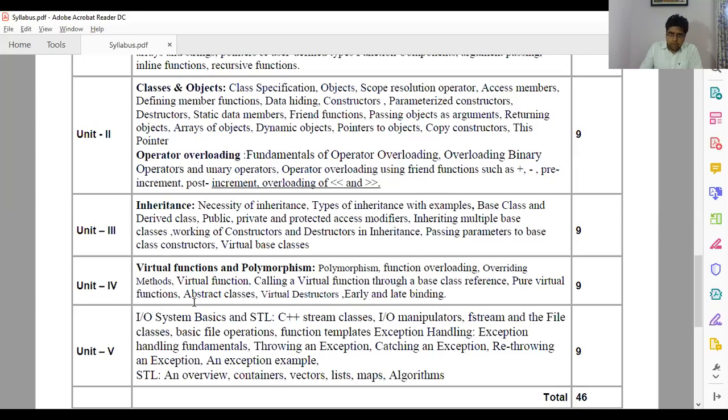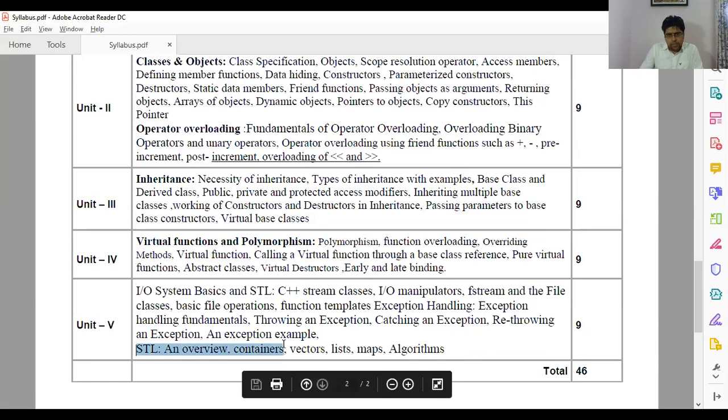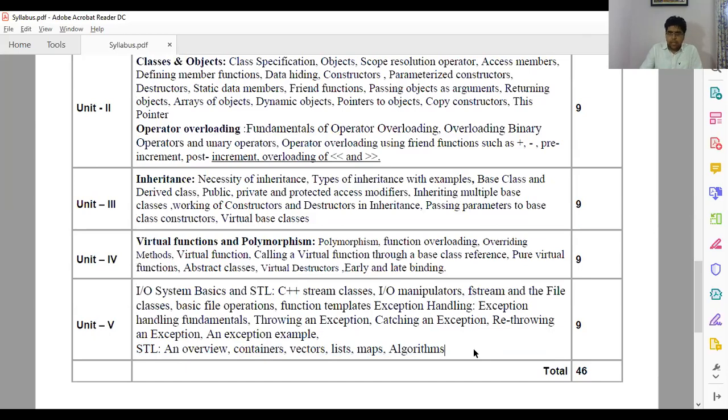Polymorphism is also a very important unit, where you would learn to create many functions of the same name so your code wouldn't be very messy or complicated. The fifth unit is also important because it is going to introduce you to STL. This is the main library. If you are looking forward to coding very efficiently, then you must use libraries whenever you get the opportunity to work in the IT industry.